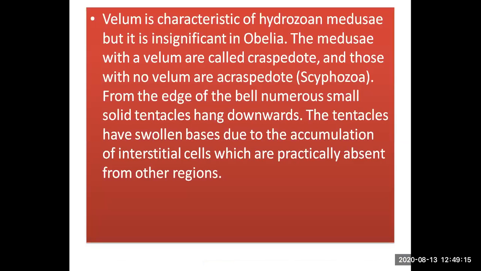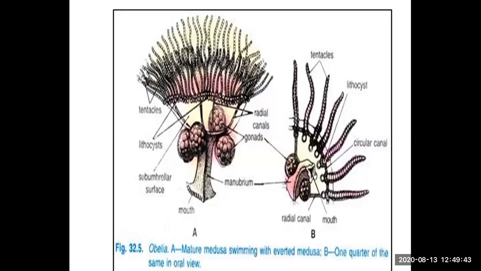From the edge of the bell arise numerous small solid tentacles directed downward. The tentacles have a swollen base due to the accumulation of interstitial cells, which are particularly absent from other regions.